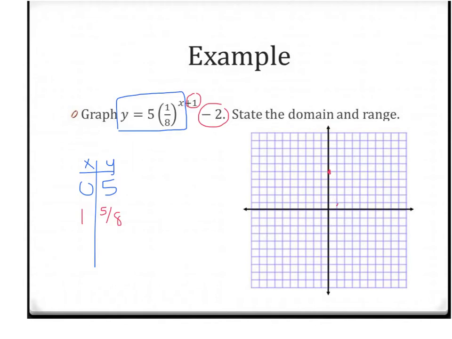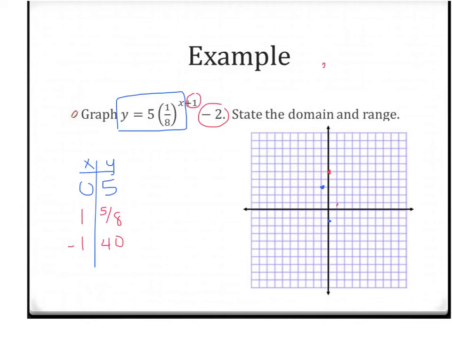If I put in -1, I'm actually going to get 40, which is going to be way up high off the graph. And so I'll take those 2 points, knowing that my next one is way, way up there. I'll take those 2 points and I'm going to shift them left 1, down 2. So they're going to go left 1, down 2.